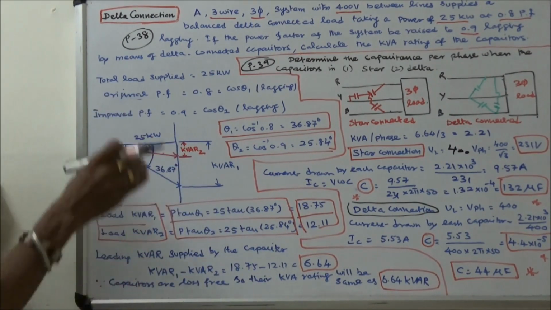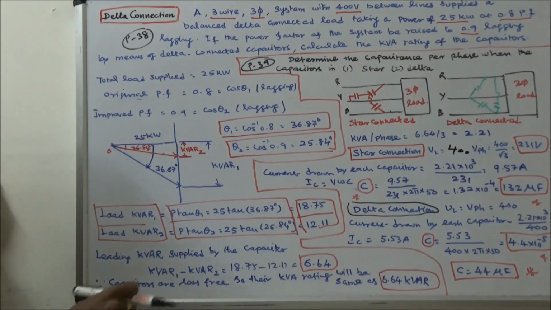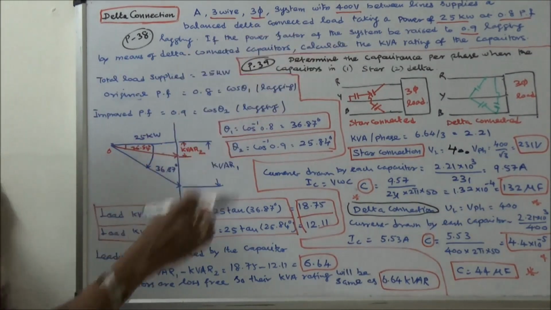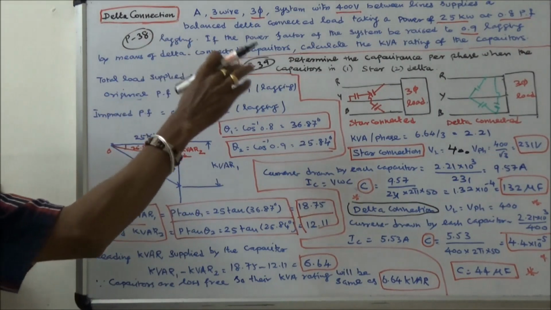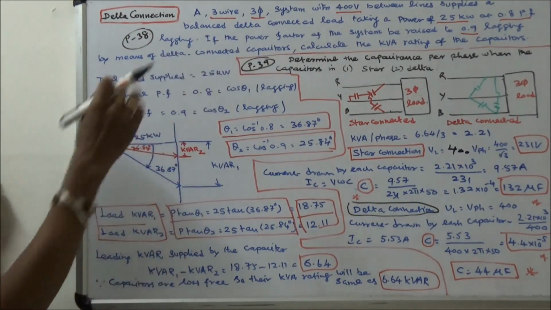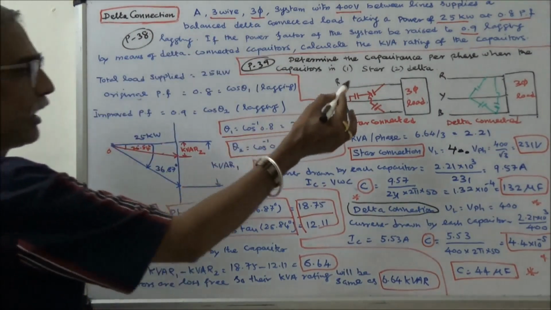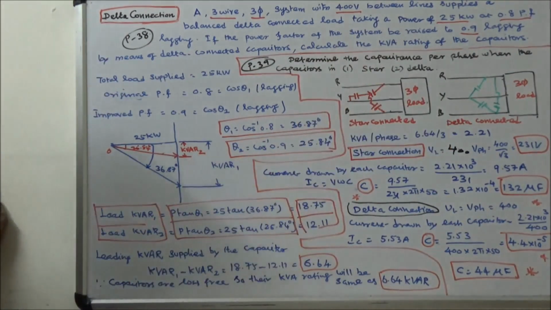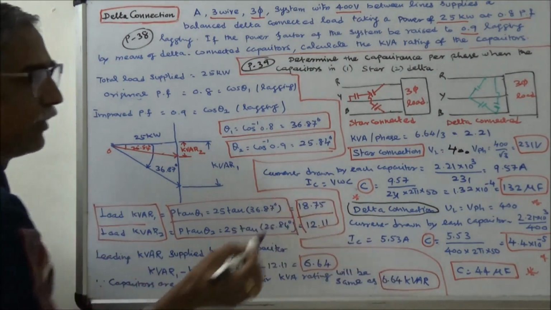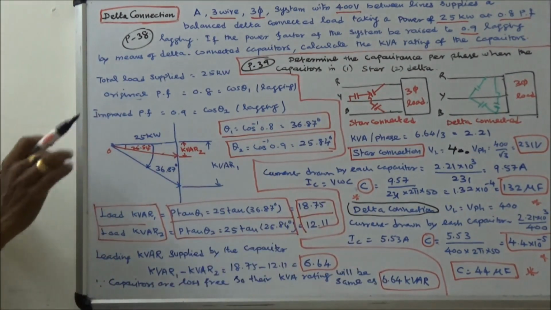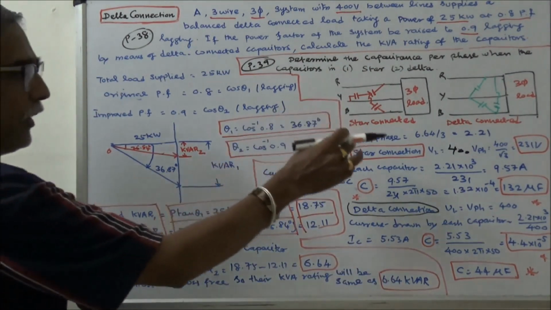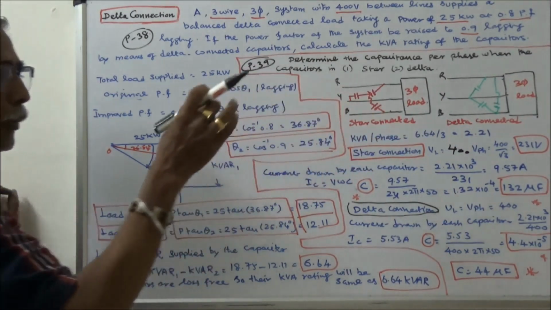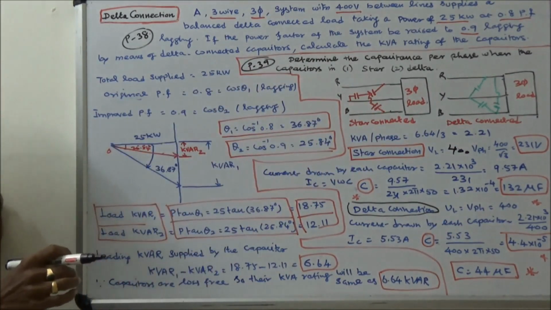The third problem is, determine the capacitance per phase when the capacitors are, one, star connected, and another, delta connected. So this is star connected, this is delta connected. The capacitor value is 6.64 kVAr. That is the total value. kVAr per phase is 6.64 by 3, that is equal to 2.21 kVAr.